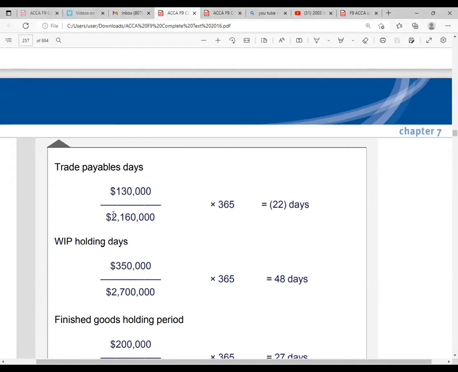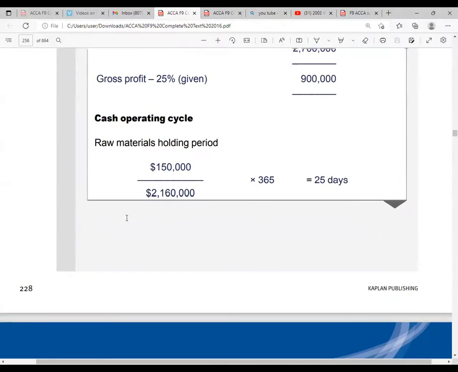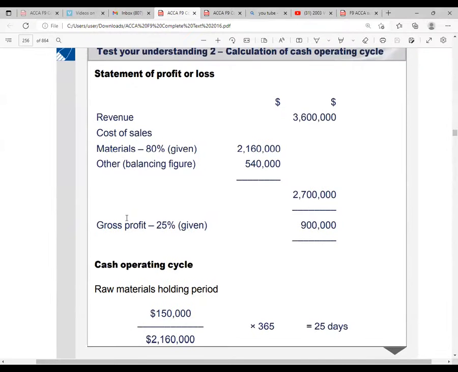And I know most of you were not able to remember that payables and the purchases work hand in hand together. Payables and the purchases of raw materials. You can remember our purchases of raw materials, which were 80%, and all of them were on credit.